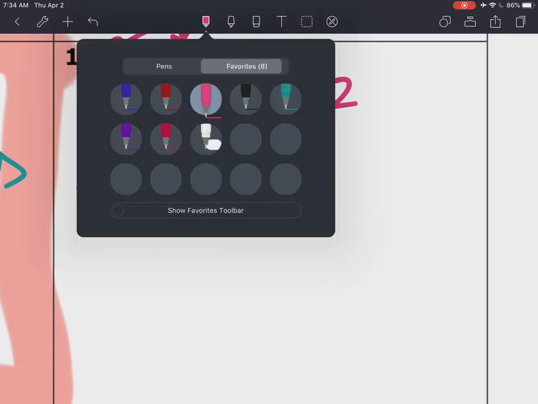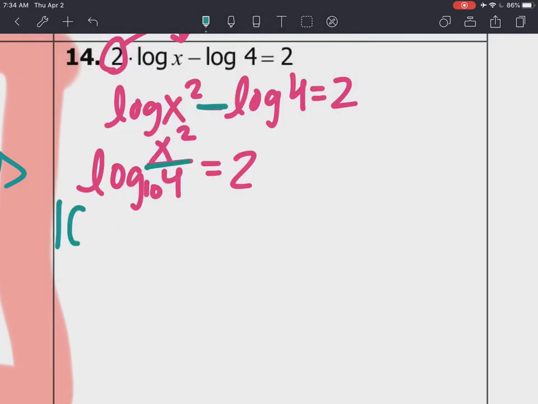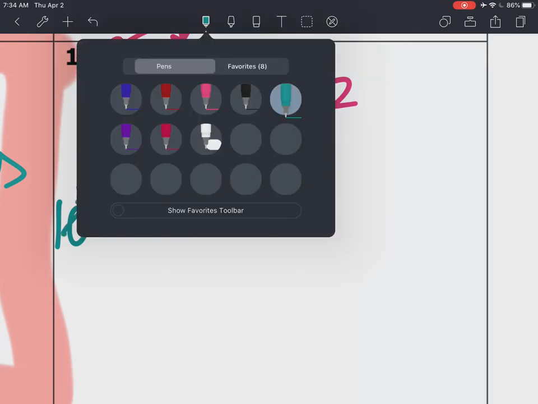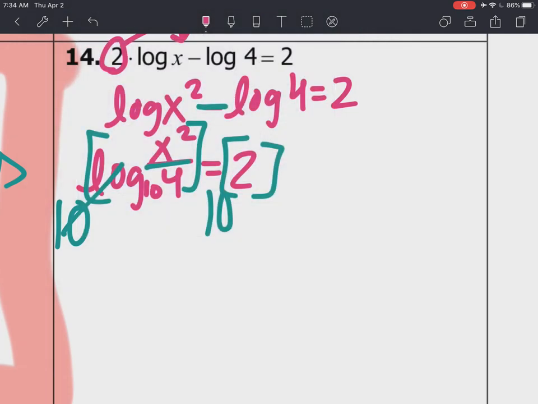Then notice that all of these logs don't have a small base. Don't forget that means it was log base 10. And the opposite of log base 10 is 10 to the power of both sides. So I'm writing that 10 big and a base as an exponent.